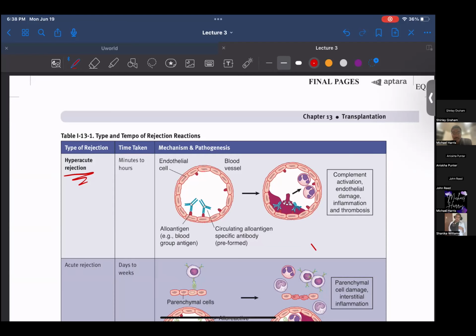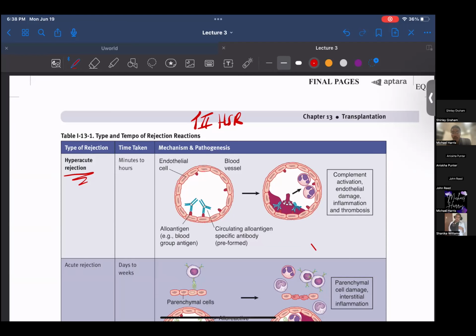This would be deemed a type 2 hypersensitivity. Because once again, remember, if antibodies bind to cells, it's type 2. You see how it's confusing, and that's why people miss type 2 and type 3. So antibodies are binding to the actual endothelial lining, causing damage, and it's happening immediately because you already have these preformed antibodies.